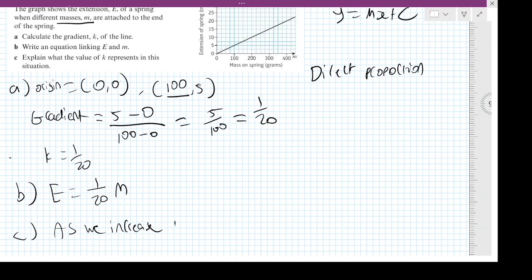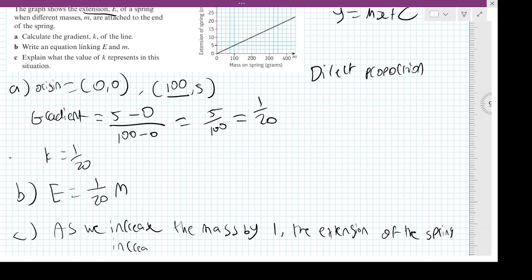So as we increase the mass by 1, the extension of the spring, which is E, increases by our gradient, which was 1 over 20. And that's what that means. Okay, cool.